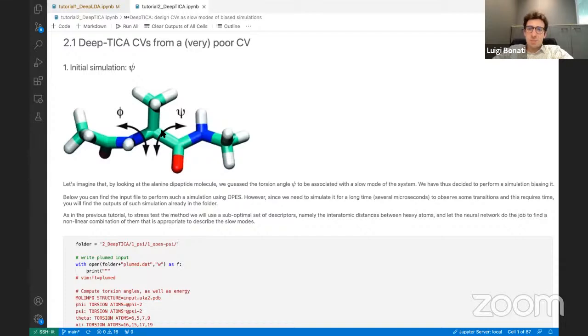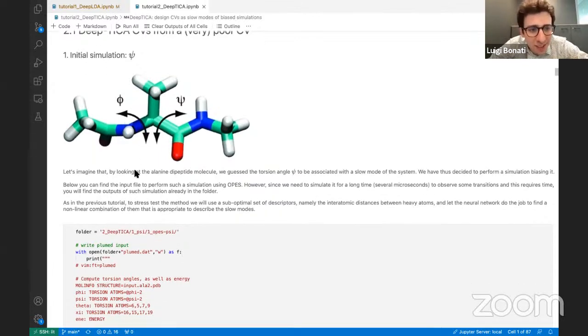And as before, we use alanine dipeptide. But instead of biasing the right angle phi, we guessed the wrong angle, which is the psi angle. We thought, okay, looking at this, maybe it is the psi angle that we need to enhance.